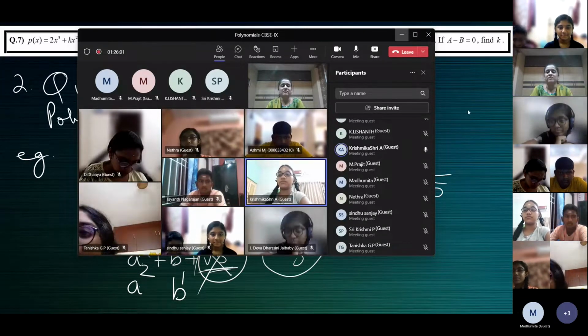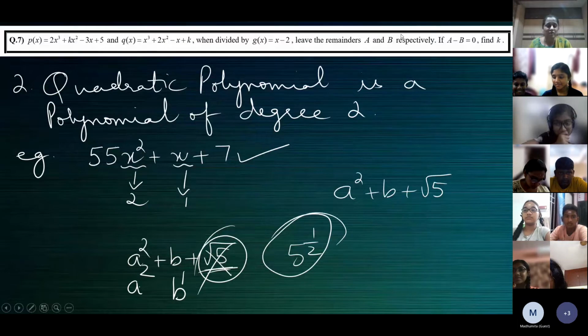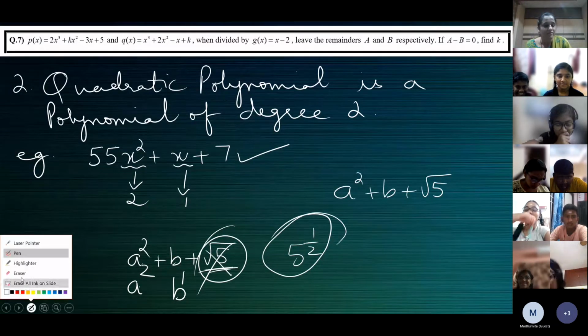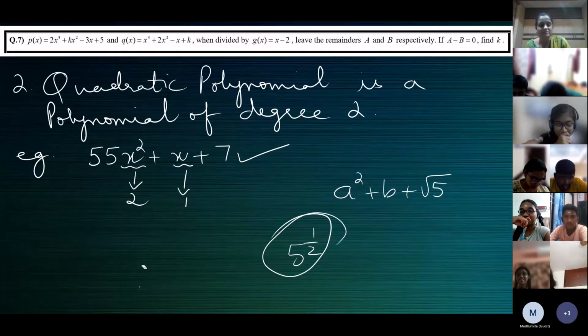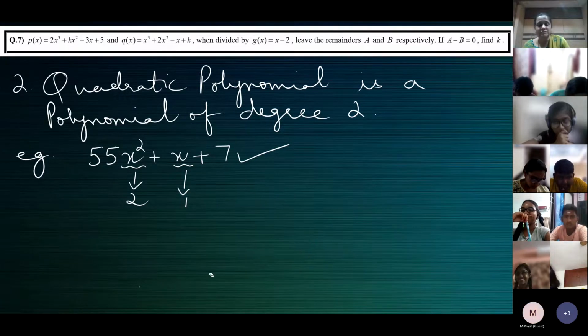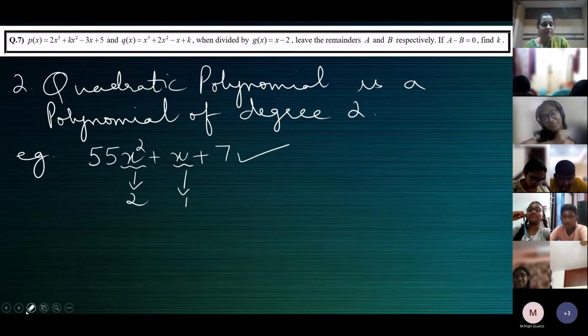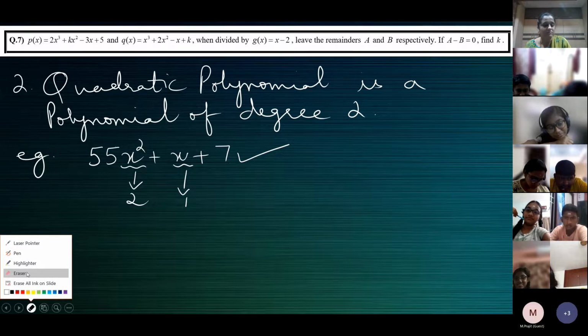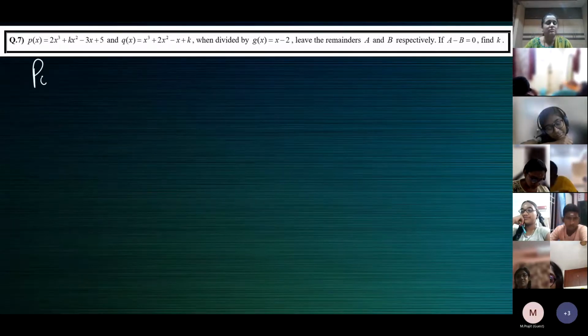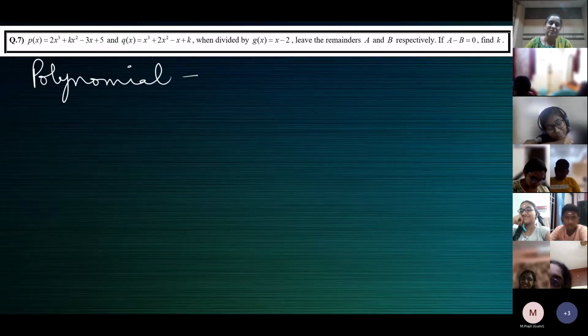After listening to all this, they're saying no, it's not a polynomial. Wait, one minute. It is a polynomial. Let me write the definition. What is a polynomial? At the end of the discussion, we are going back to the start.